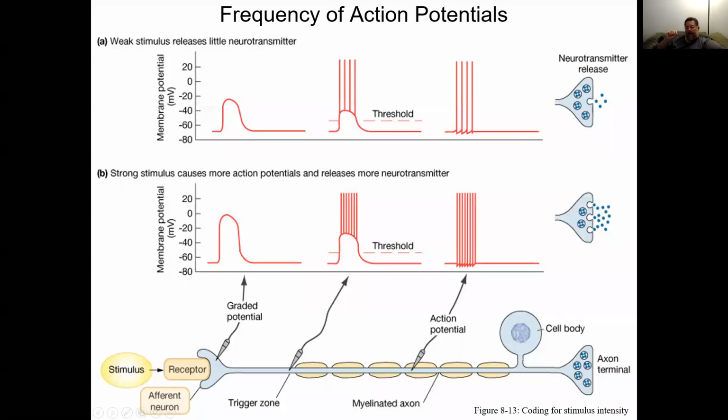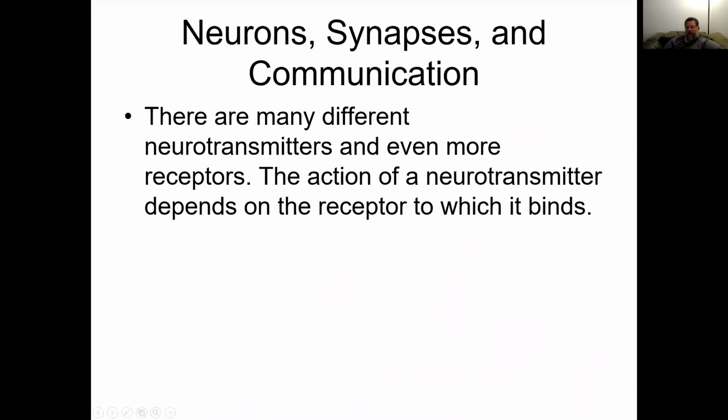So we're going to come back to graded potentials in a moment. Realize that there's a variety of different types of neurotransmitters. We've mostly talked about acetylcholine. But there's actually a variety of neurotransmitters that do many different things as far as activating action potentials or reducing action potentials, modulating a neuron.